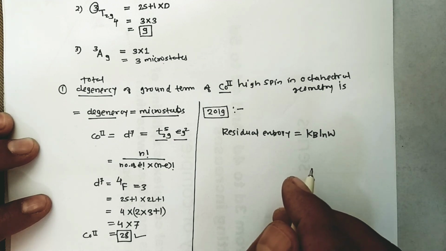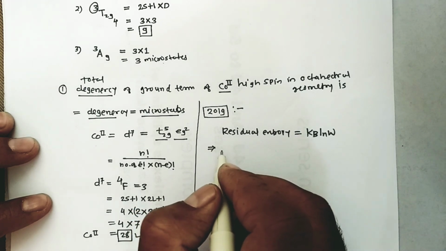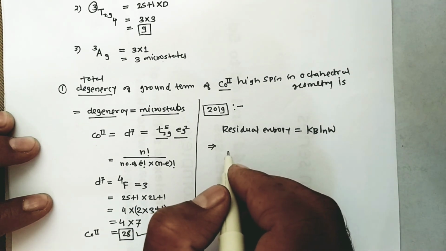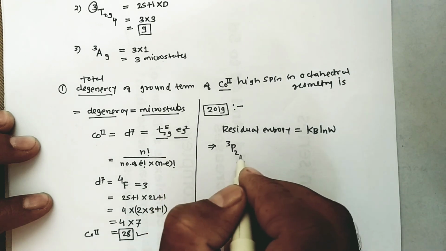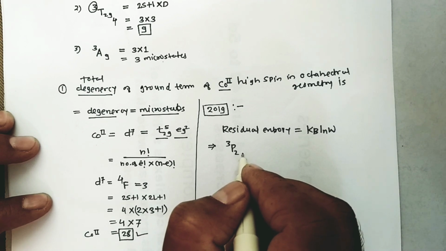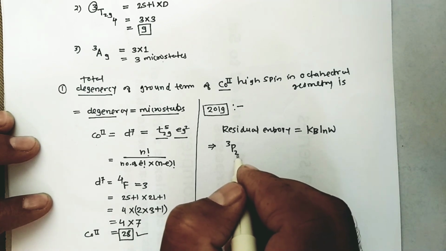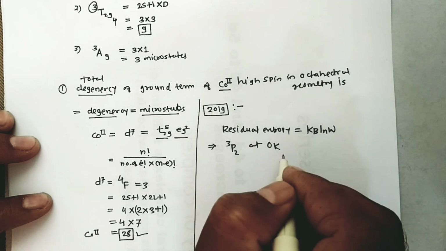The question was, the term symbol for the ground state of a metal ion is 3P2. What is the residual entropy of a crystal of a salt of this metal at 0 Kelvin?